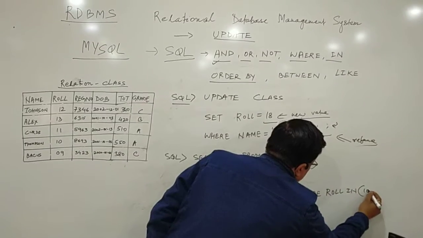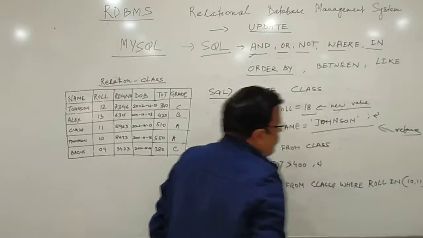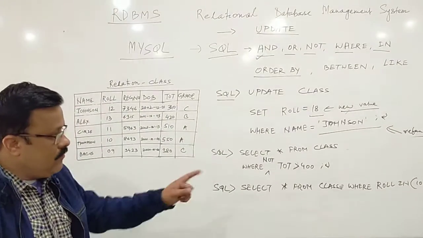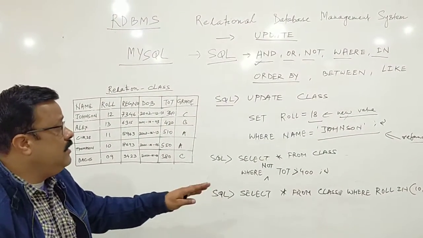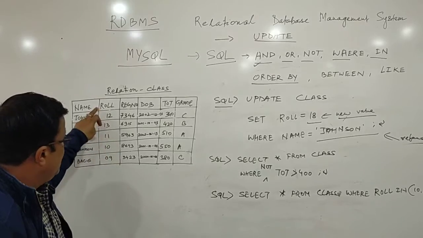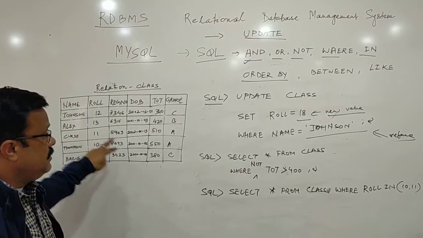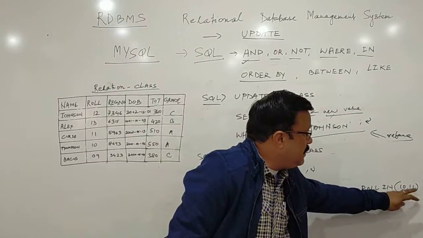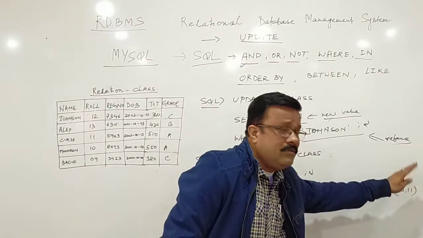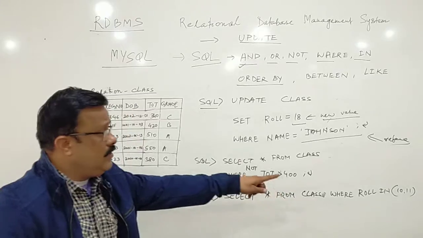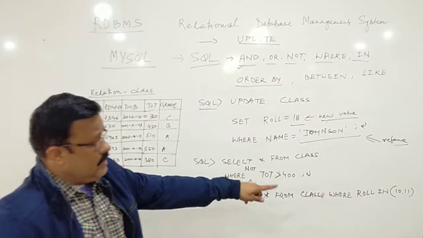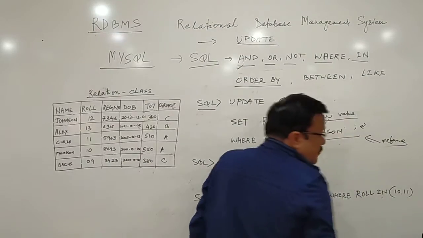Particular roll I want to display, 10 and 11. So IN works here with the roll number column, those that have 10 or 11, that record will be displayed. Where roll in 10, 11, that way we can put more values here using commas. Here I have taken only two values.